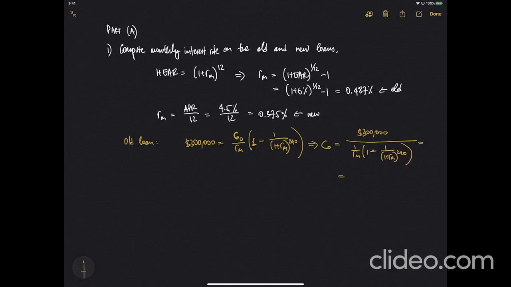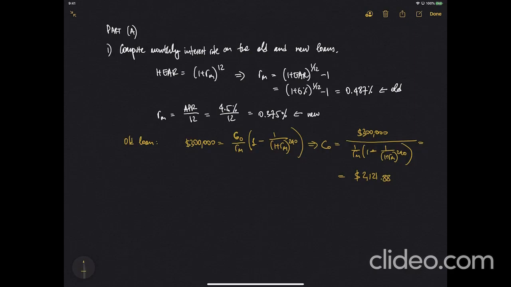If we solve this equation by plugging in the monthly interest rate of 0.487%, we will get CO, which is the monthly payment on the old mortgage, of $2,121.88.